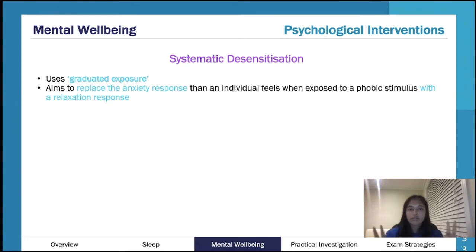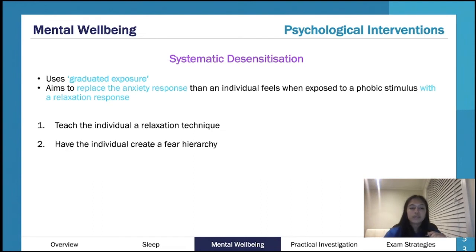And again, the flavor of the month here is this idea of replacing, changing something. So we're replacing these feelings of anxiety with feelings of relaxation, ultimately. The way to do this is a 3-step process. The first one is to teach the individual a relaxation technique. Often we think about that being breathing retraining, what we've just discussed. So we teach them how to breathe properly and all that sort of stuff.